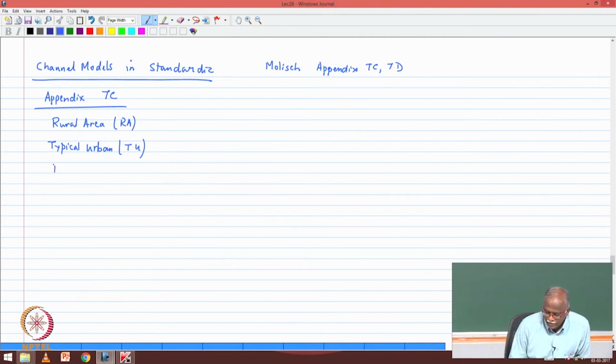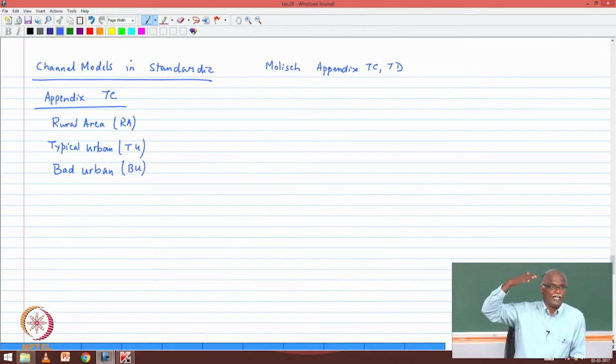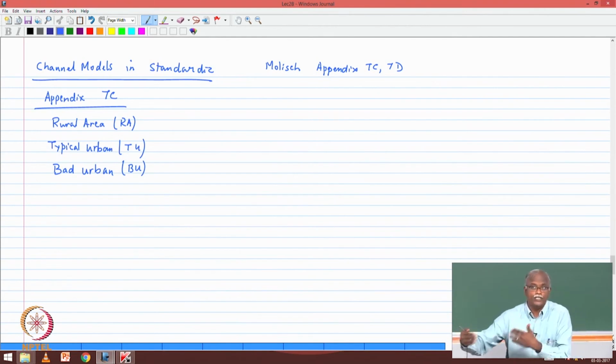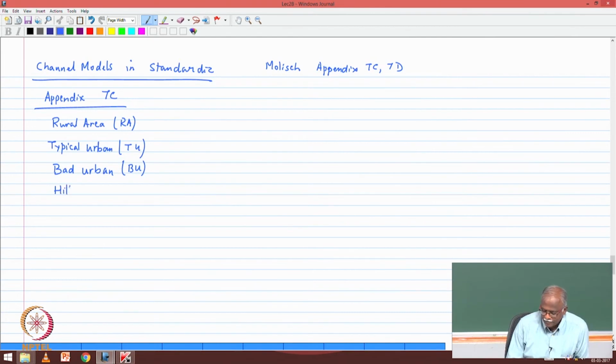And then there is something called bad urban. It has nothing to do with crime, it only has to do with propagation. This is BU, which says that there are lots of very tall buildings, and therefore you can have signals bouncing off many buildings. It's also referred to as a canyon effect, and of course this can cause long delays in your received multipath signal. And then there is a hilly area, HA.